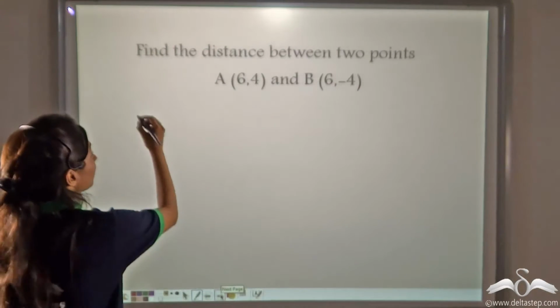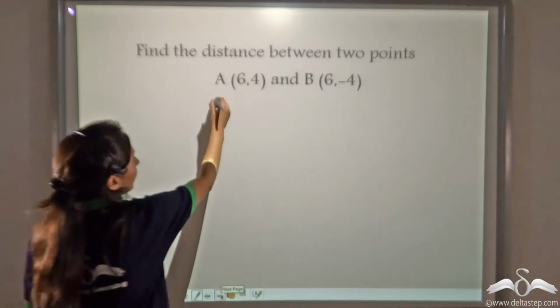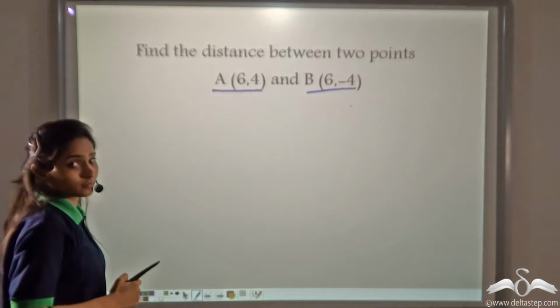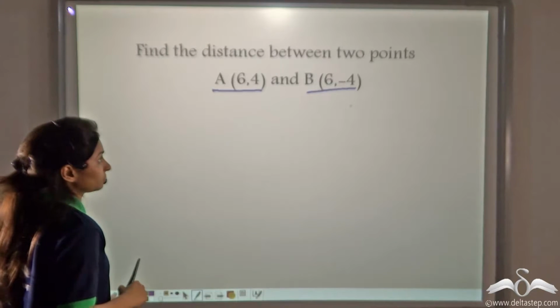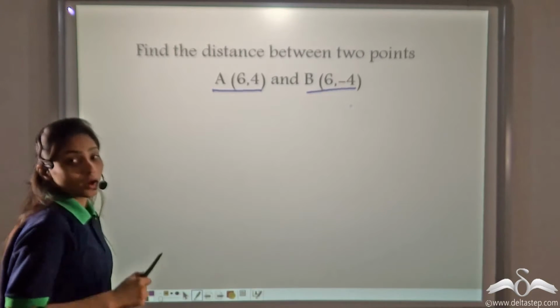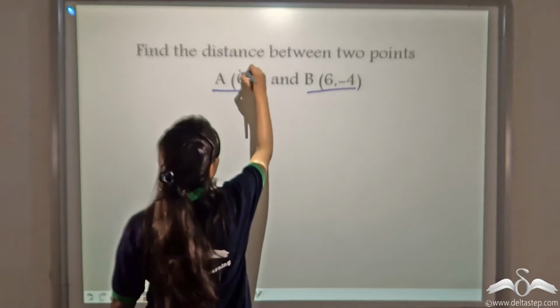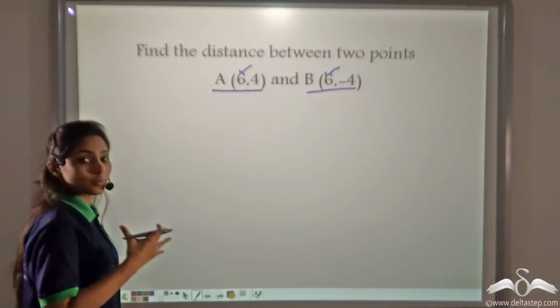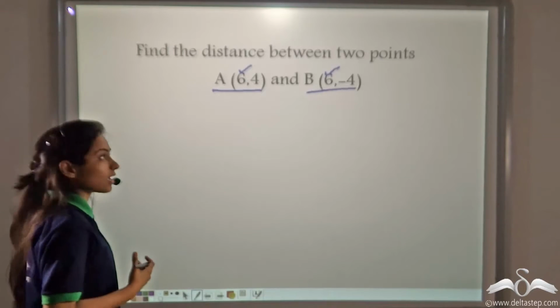Now, can you find the distance between 2 points, say A and B? Find it out yourself. Now we know that your x coordinates are same. So how will we find out the distance? We can just subtract the y coordinates. This will give us the answer.